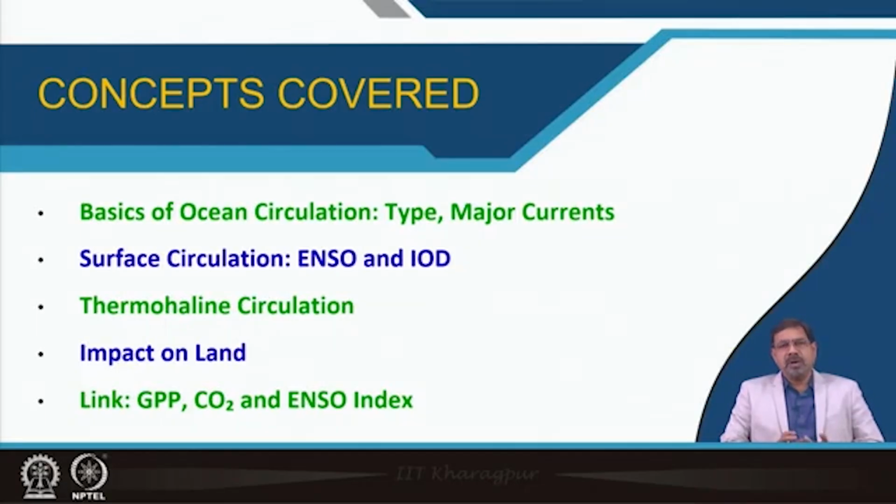GPP is the terrestrial primary productivity, be it terrestrial or oceanic, and we will see carbon dioxide as one of the dominant greenhouse gases, and the third one is ENSO. It is a very interesting relationship we will try to understand, and that will give us a very clear understanding of oceanic circulation vis-a-vis climate change.